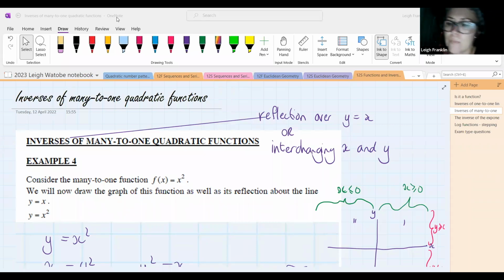Ma'am, I'd just like to ask about the recordings. Where do we get them? And is it possible for me to access the recordings from last year? Absolutely, yes. If you go onto the Watobe website, www.watobe.com, when you call up the page, there will be something where they talk about the grade 12 classes. If you click on that, you will find your way into the recordings for 2022, as well as what's happened so far in 2023.